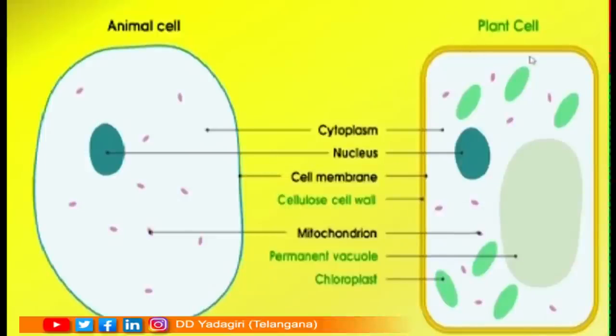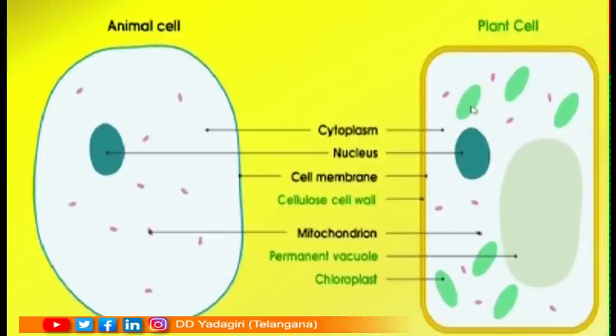plant cell. With this special characteristic, plant cell has become an autotrophic cell, whereas an animal cell is a heterotrophic cell. What is the difference between autotrophic and heterotrophic cell? The word autotrophic means the organism or the cell which prepares food by themselves are called autotrophs.